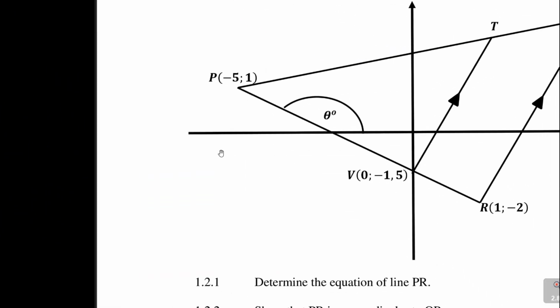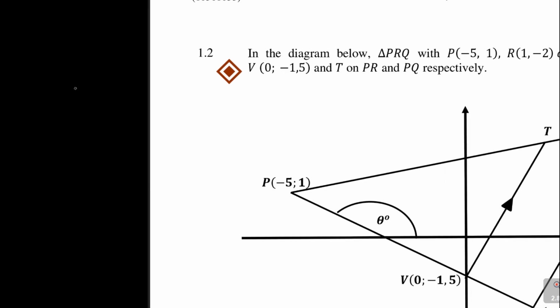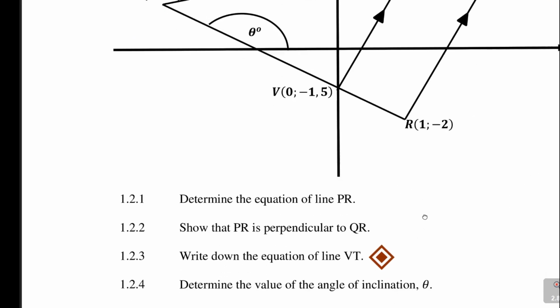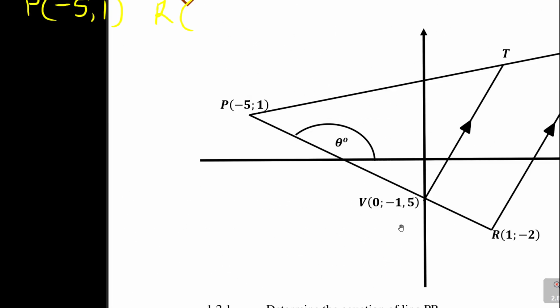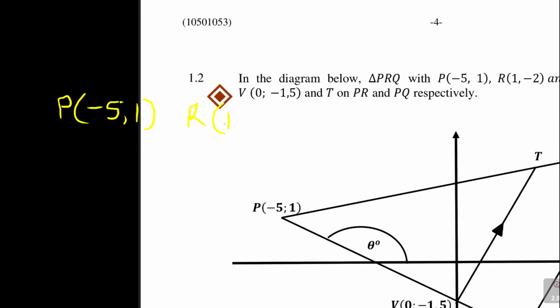What we have is P being (-5, 1), and R being, because it's PR, the equation of the line PR, R being (1, -2).